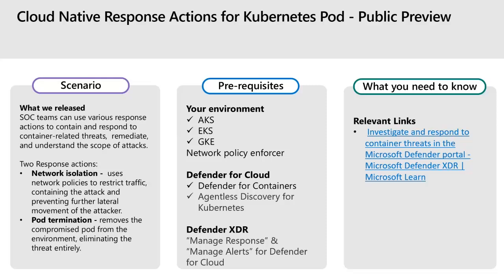Currently we offer two such actions. One is network isolation, which uses network policies to restrict traffic, containing the attack and preventing further lateral movement of the attacker. The other is pod termination, which removes the compromised pod from the environment, eliminating the threat entirely.